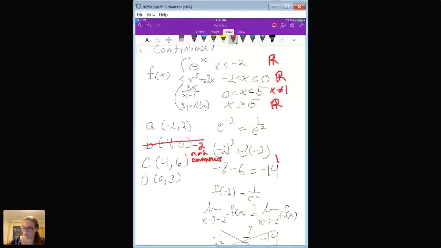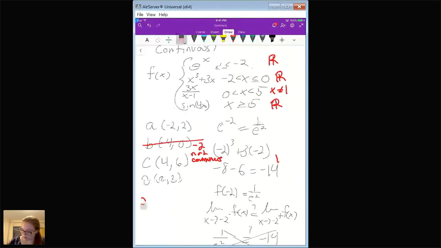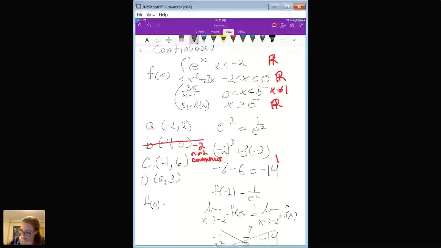F of 0 only has one value, and that is connected to x cubed plus 3x. So f, oh, hang on, writing off the screen a little bit. So f of 0 equals 0 cubed plus 3 times 0. So f of 0 equals 0. We have that. Now we have to test.